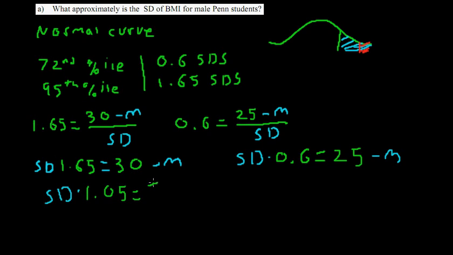So if I divide 5 by 1.05, I get about 4.8, rounded to tenths. So in the next part of the video, we'll do part B.